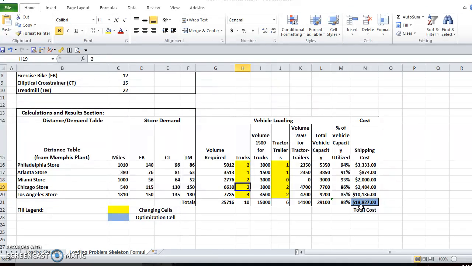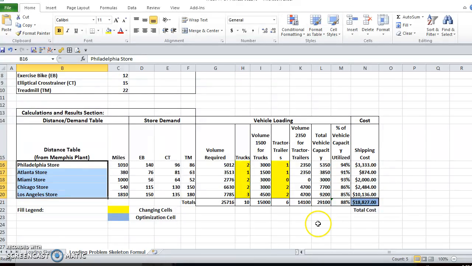Again, you get a sense of how this all works, how we're trying to supply with our trucks and trailers the material, the circuit trainer, the treadmill, and the exercise bike, what we need to provide, and also a tool to do it. Now, the beauty is when we get into Solver, Solver will allow us to do this even more effectively and find the perfect answer.